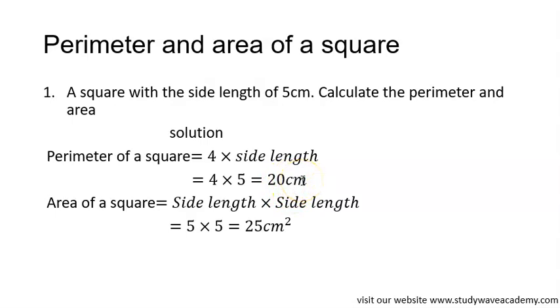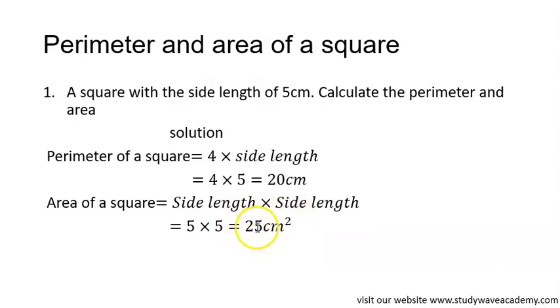Okay? Now to get the area of this square that has the side length of 5 cm, remember the formula for the area of a square, side length times side length, which is 5 times 5. All sides of the square are equal, so every side is 5 cm. Yet to get the area is side length times side length, which is 5 times 5. 5 times 5 is going to give us what? 25 cm square.